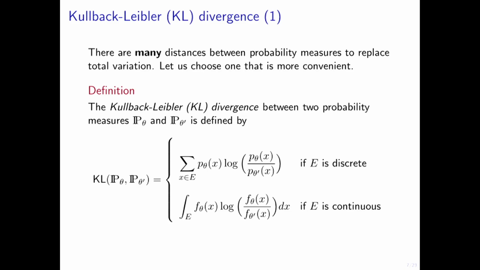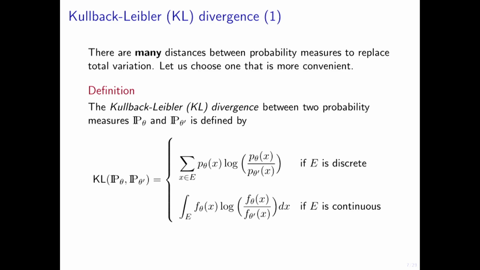So the KL divergence between two probability measures, p theta and p theta prime. As I said, it's not going to be symmetric, so it's very important for you to specify the order. It's between p theta and p theta prime, and it's different from saying between p theta prime and p theta. And so we denote it by KL.